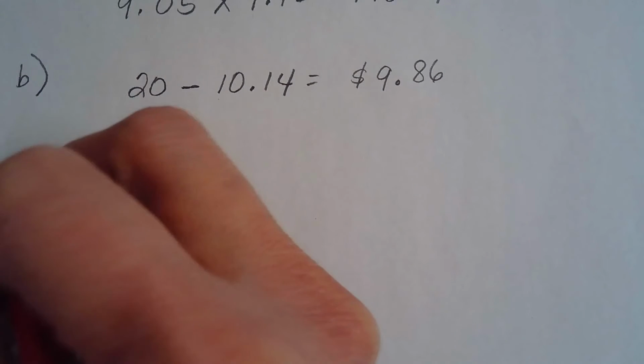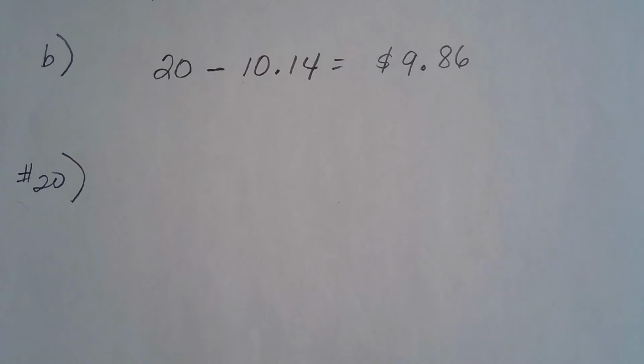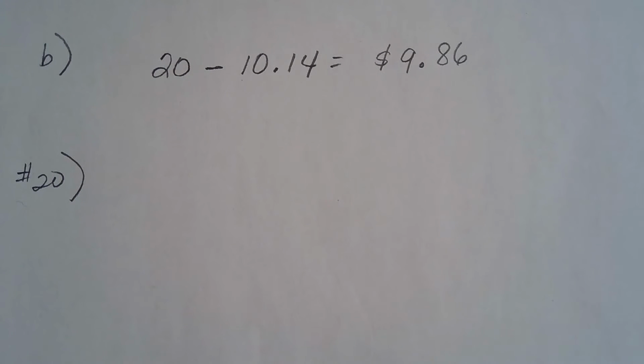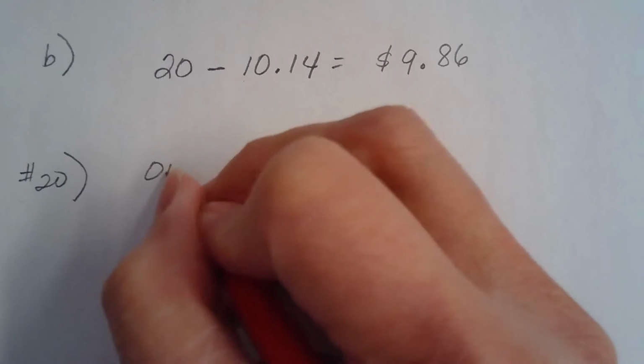Okay, number 20. Going to number 20, I'll just read it first. You are running a clothing store. You want to put a sweater on sale. The original cost is $45. I'll just write this out.